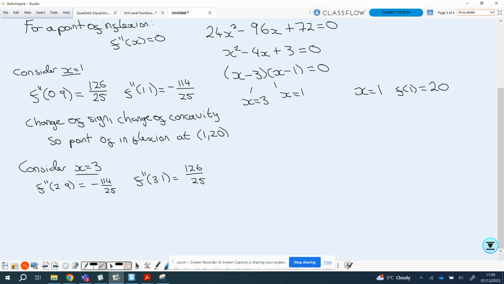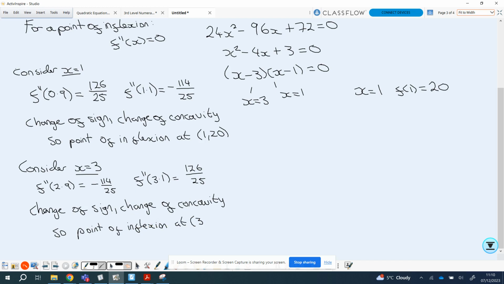Okay, so again, signs have changed. So change of sign, change of concavity, so point of inflection at the value x equals 3.